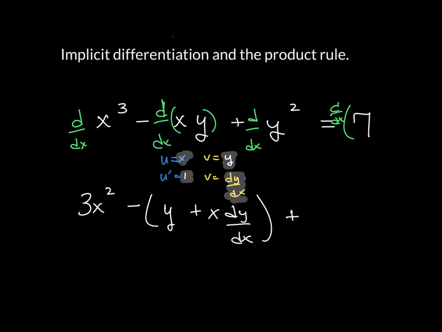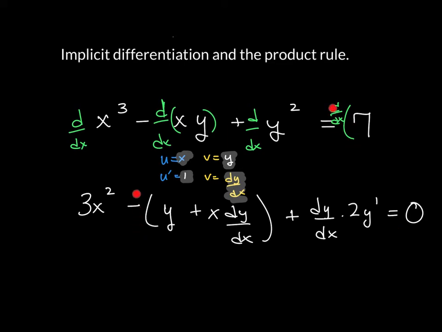And then I add that to, again, the derivative with respect to x of y squared. I need the dy dx. Then I go through and take the derivative of y squared using the power rule, which becomes times 2y to the first. And the derivative of the constant 7 is just 0.